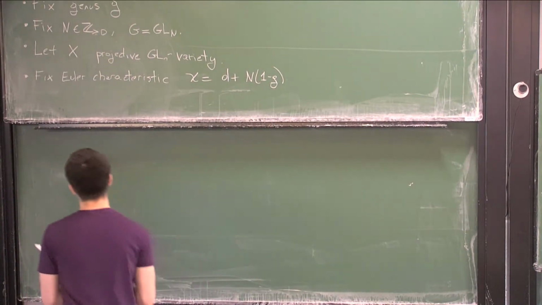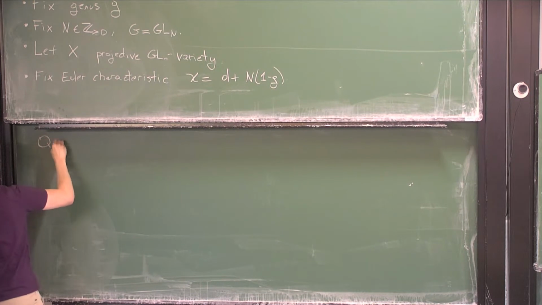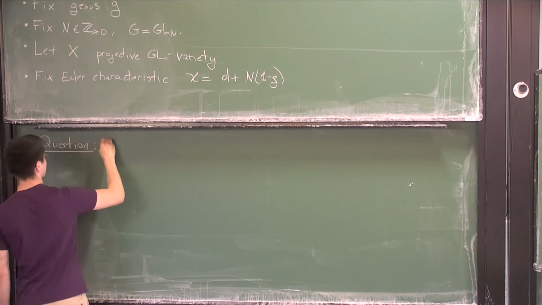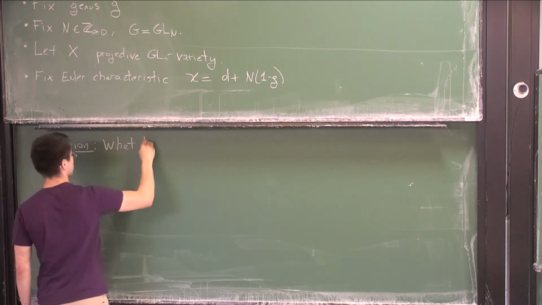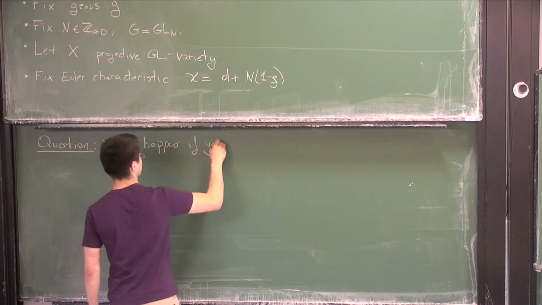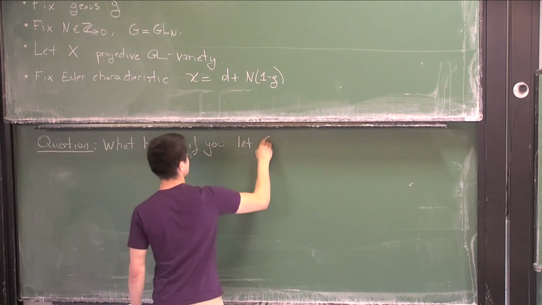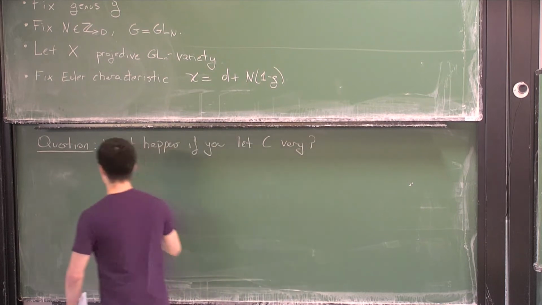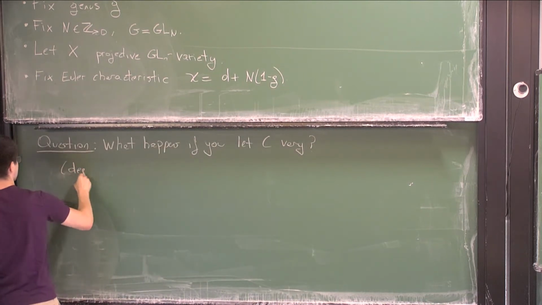So the question is, what happens if you let C vary? In other words, degenerate to singular curves.